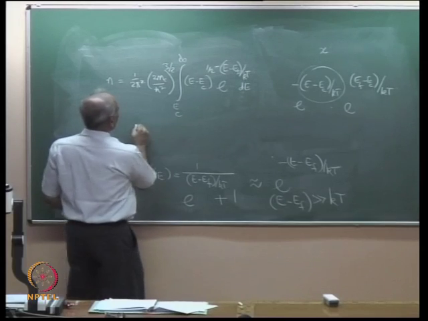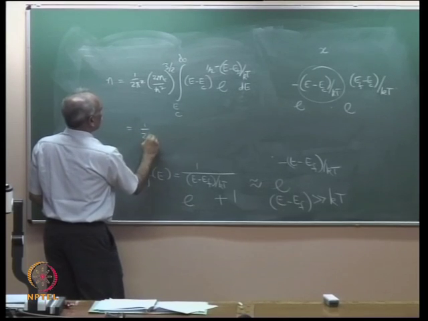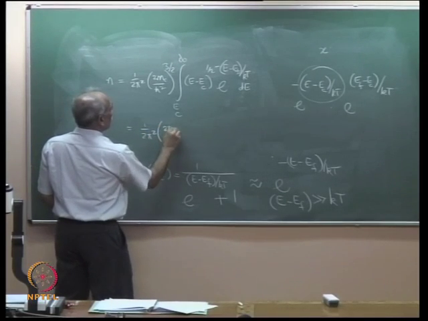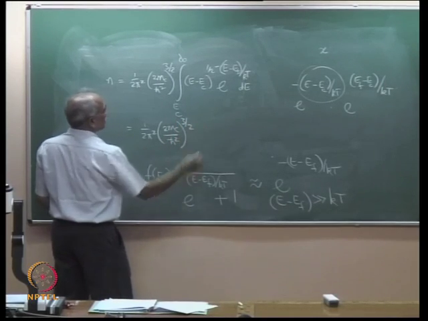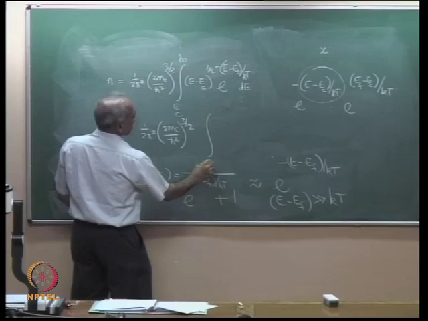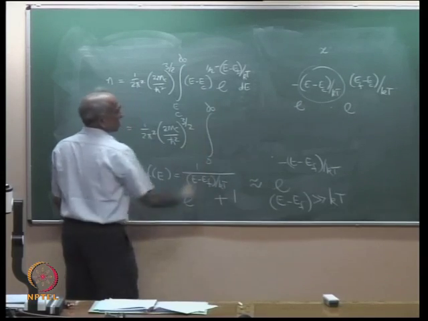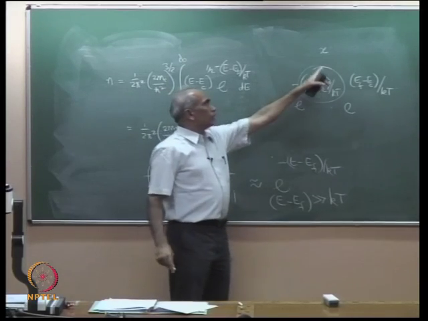Then I will have this equal to 1 over 2 pi square 2 mc by h cross square. Let me complete the algebra here, and integral 0 to infinity as before. I am putting this equal to x.